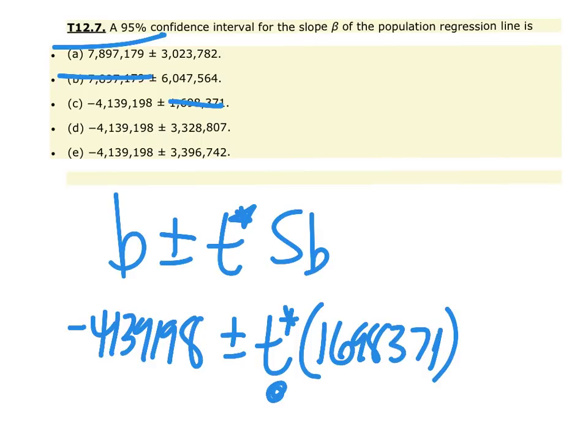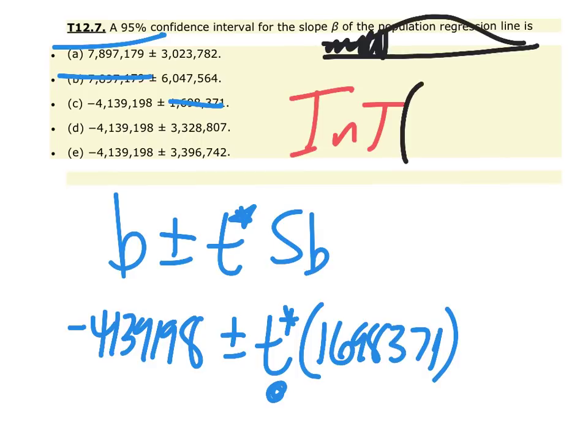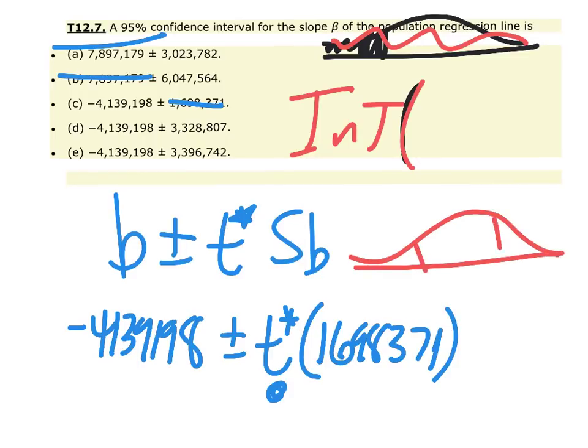To find the t critical value, remember it's going to be inverse t. We want a 95% confidence interval. So if this area is 0.95, remember we need to go from here all the way back, so we need to put in 0.975.